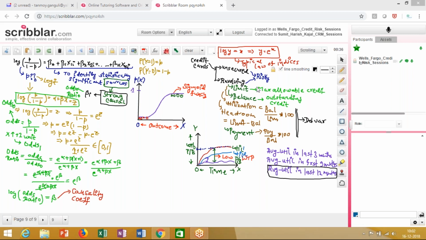Let's suppose my dad or my uncle goes to the bank asking for a loan, and they tell him, see sir, this is what your probability of default is, this is what your LGD is, this is what your EAD is, and hence we are unable to give you a loan. That does not really work, right?